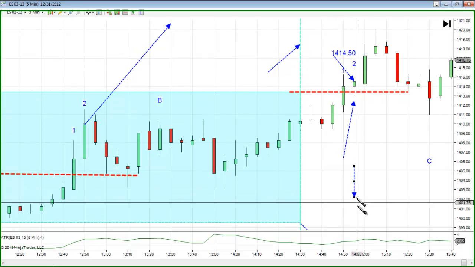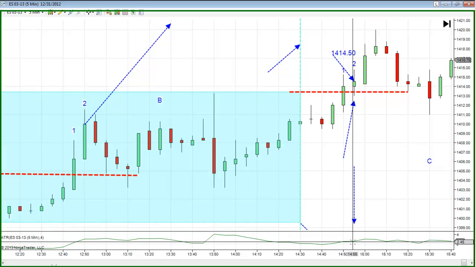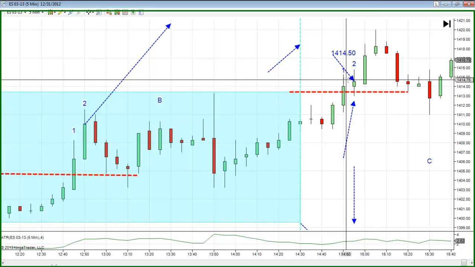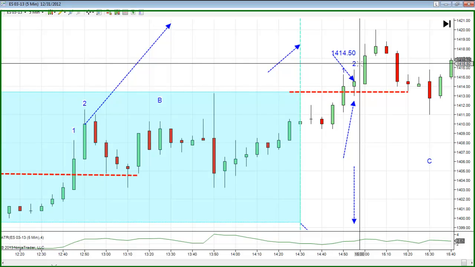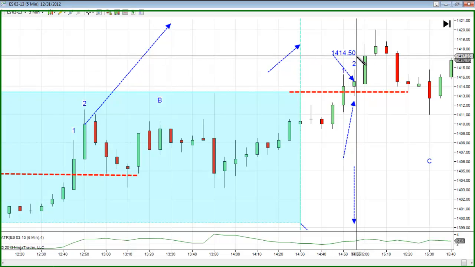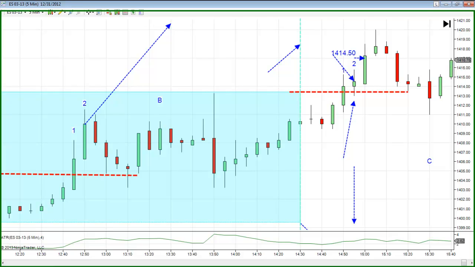I look down. The ATR tells me what I can expect. I can expect 2.25 points, 2.5 points. 14.50, 14.15.50, 14.16.50, 14.17. There is your 2.5 points right there. Mark.